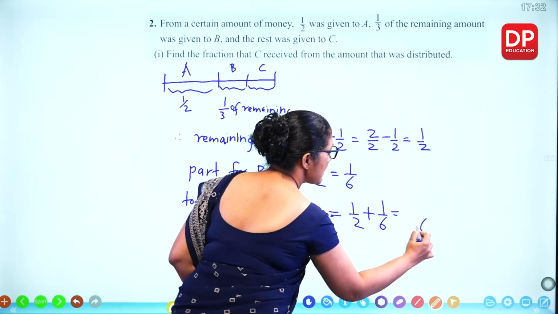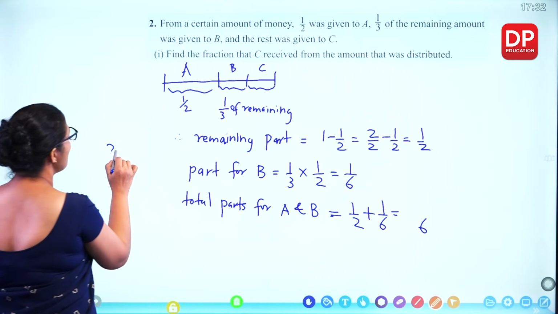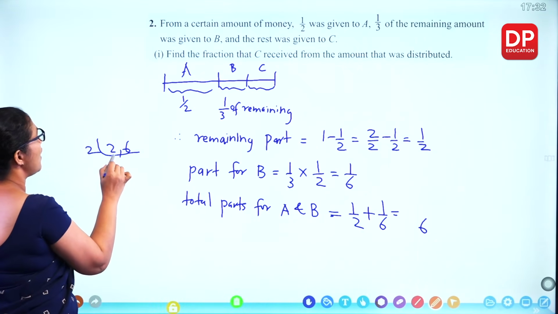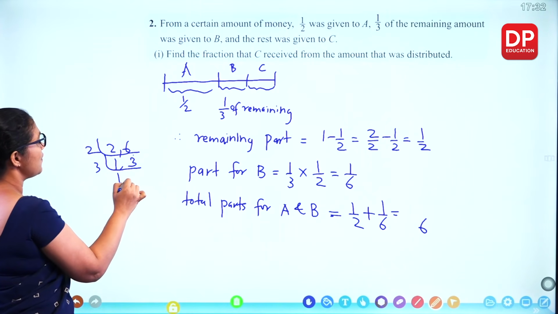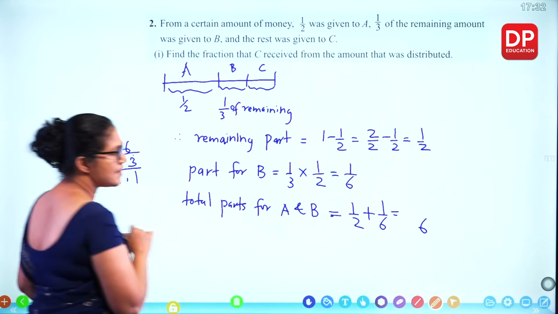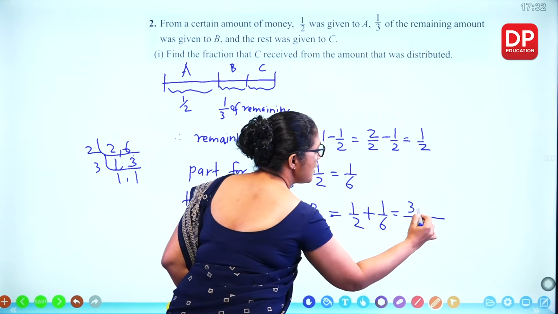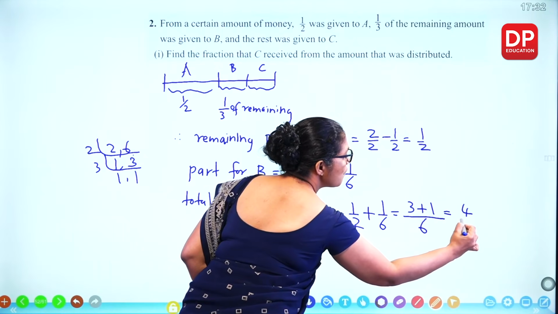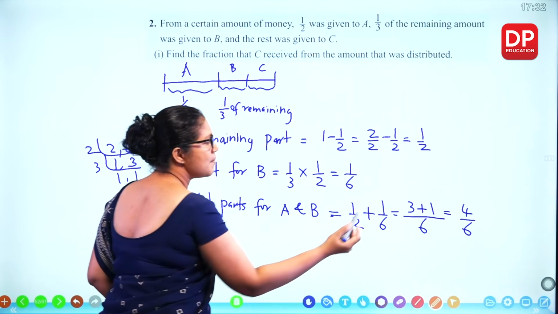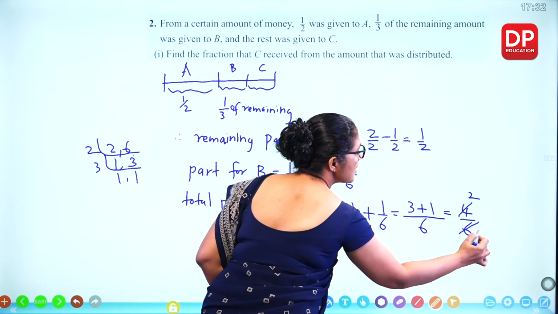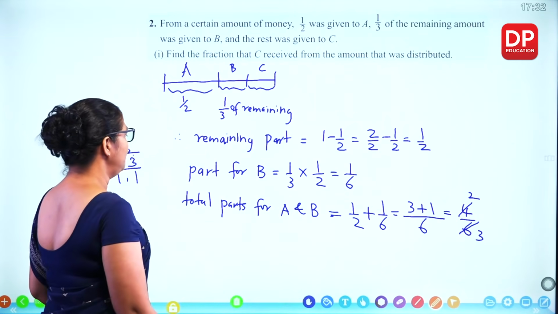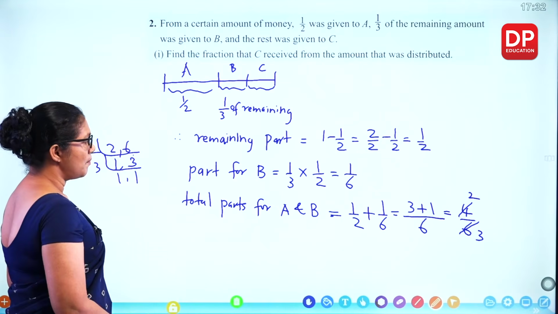You get 6. If you can't do it at once, you have to find the lowest common multiple. Divide by 3, you get 1. 2 times 3, 6. Convert 2 to 6, you multiply by 3. 3 plus 1. So you get 4/6. You can simplify further. You get 2 and 3. That's for A and B.